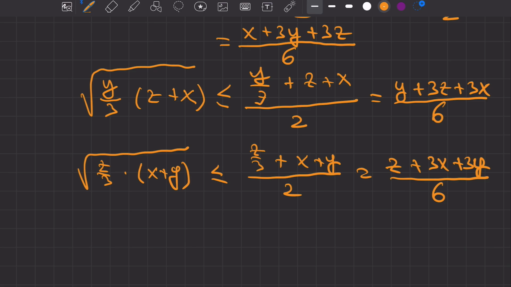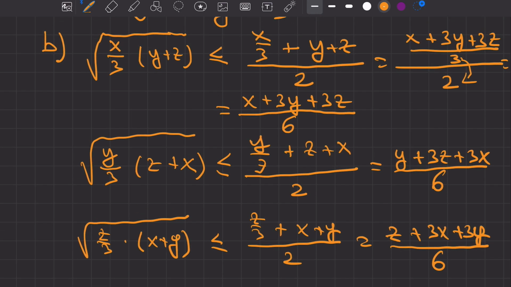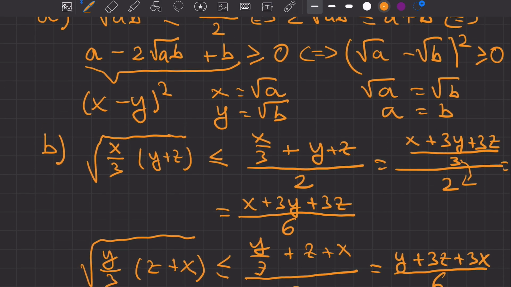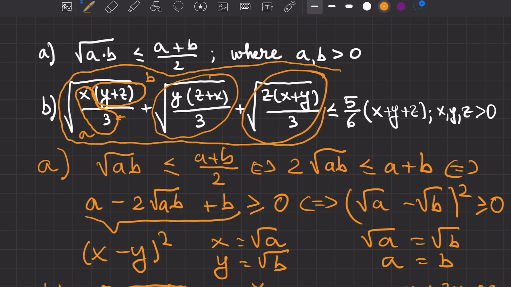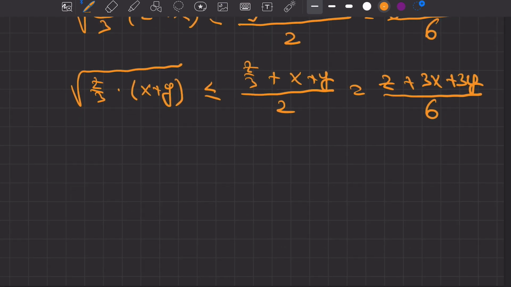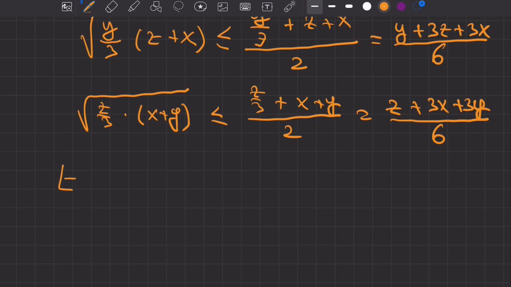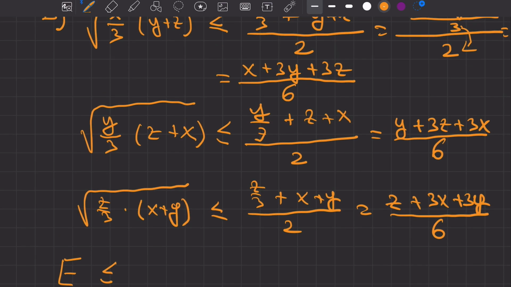So we get that. If we add all of them, we get that our inequality, let's call everything from here our expression E, so our expression is less than or equal to this one plus this one plus this one.